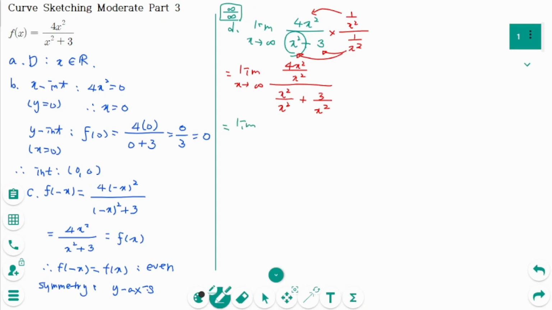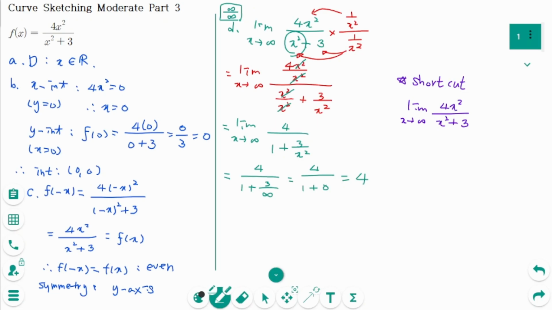Then we can simplify: 4 over 1 plus 3 over x squared. Now put infinity into x. 4 over 1 plus 3 over infinity squared, which is infinity. That means 4 over 1 plus 0, which is 4.